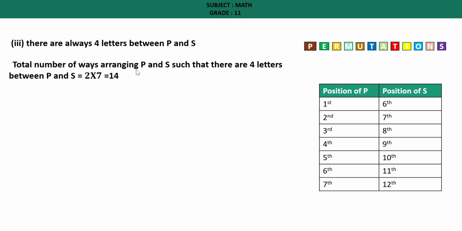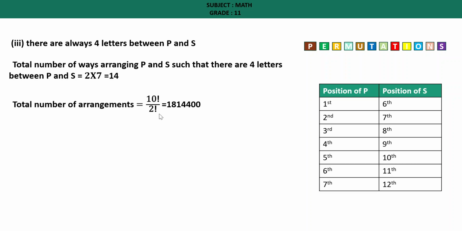So the total number of ways of arranging P and S such that there are 4 letters between P and S is equal to 2 into 7, because this is 7 ways, and reversing this, the position of S as first and second, we will be getting this second 7. So 2 into 7 is 14. There are 14 ways. So the total number of arrangements generally will be 10 factorial divided by 2 factorial, because only P and S are here.